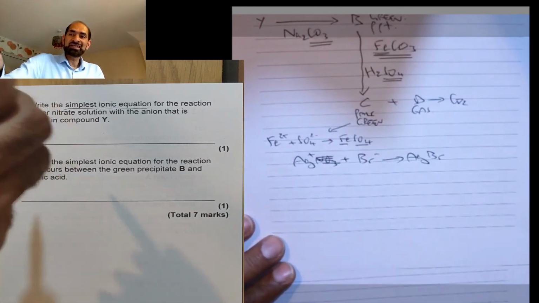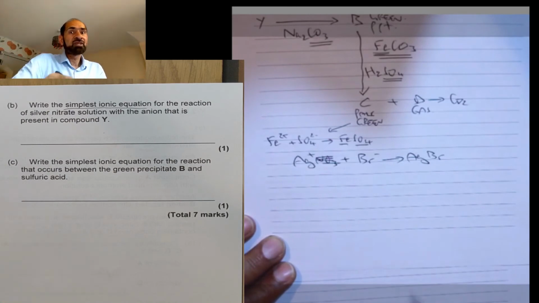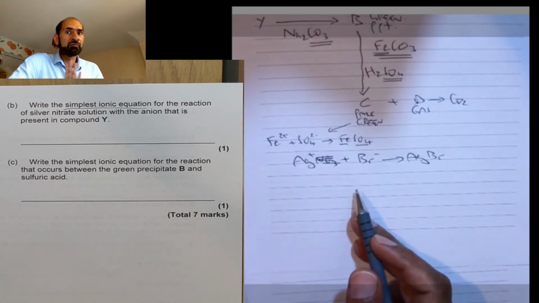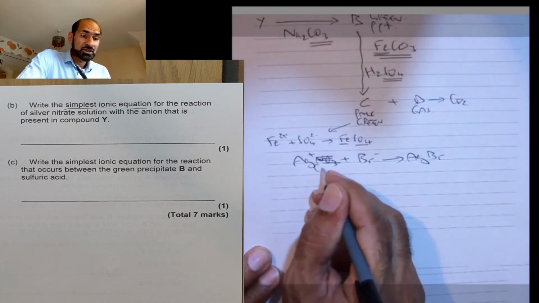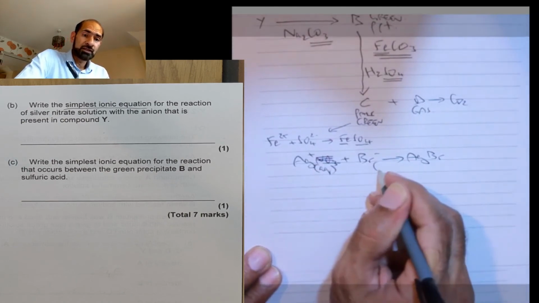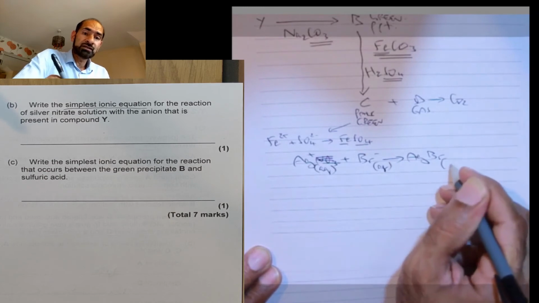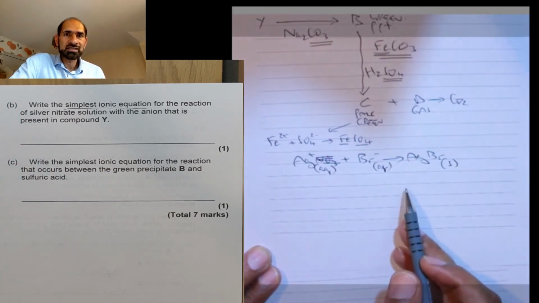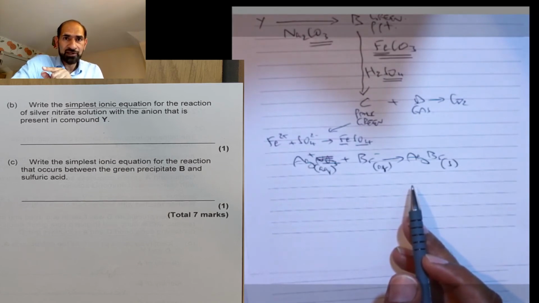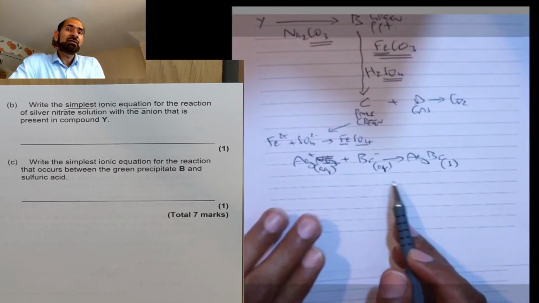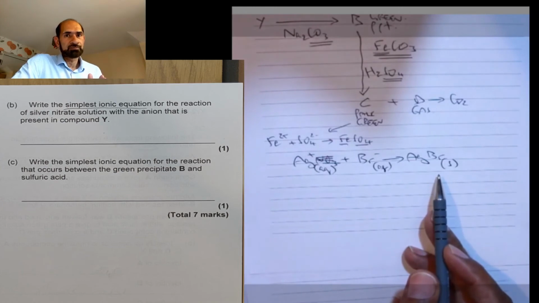But because the question hasn't specifically asked for state symbols, if you're not sure what they are, leave them out. I'm absolutely sure what the state symbols are, so I'm going to put them in: aq, and a solid. If you put an incorrect state symbol, you will get penalized.